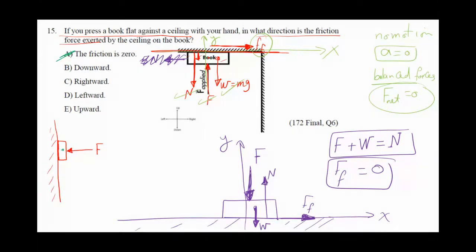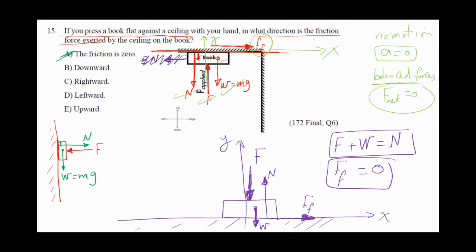I have the weight downward equals mass times gravity. What else do we have? We have the normal reaction, or the normal force, perpendicular to the wall, 90 degrees. I will call it N.